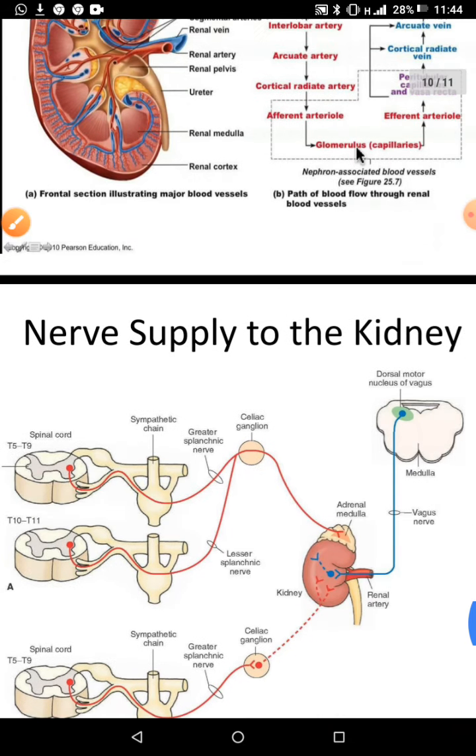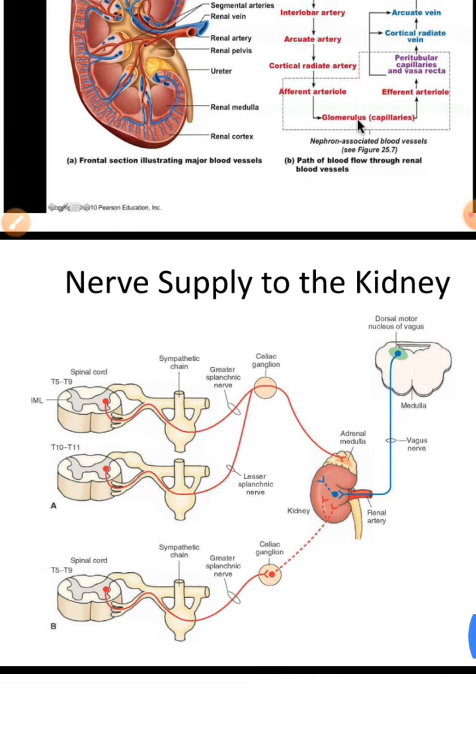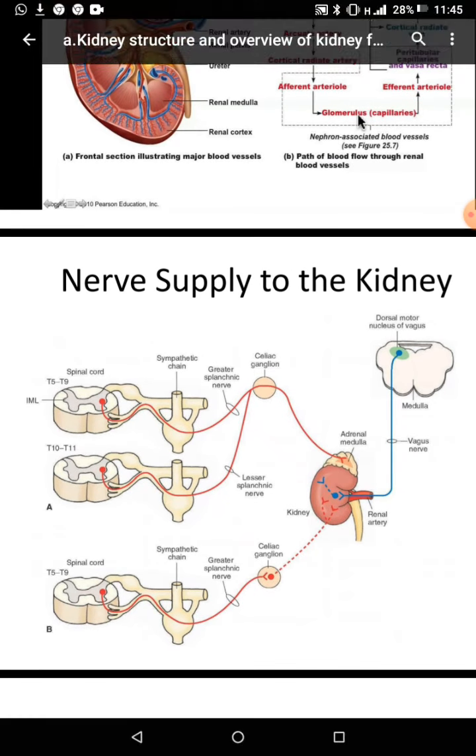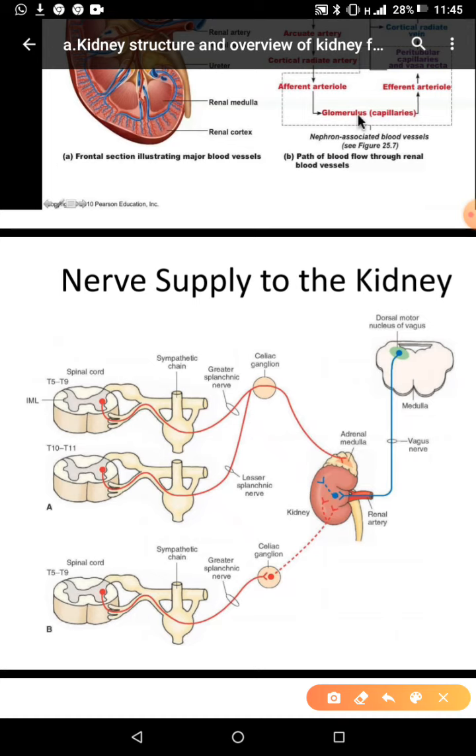The last part is what we call the nerve supply to the kidneys. Okay. So this is our spinal cord. These are ganglia. So the one that has been extensively researched is the sympathetic nerve supply. There is no parasympathetic.